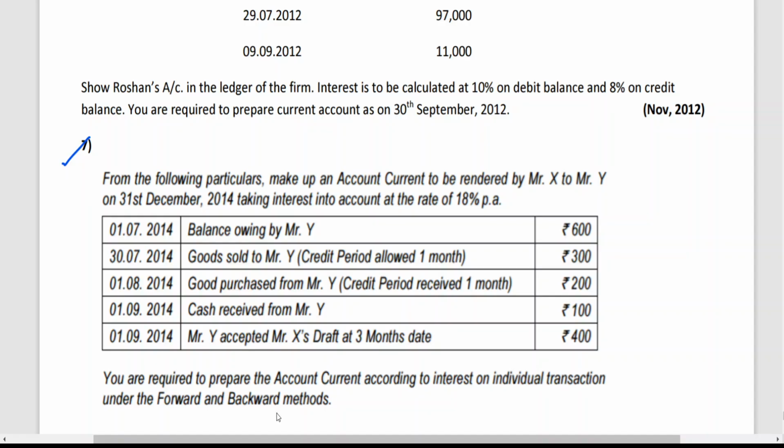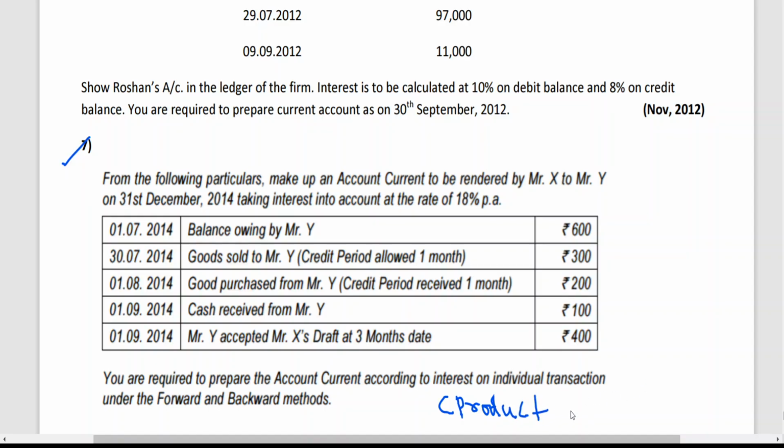I told you in the beginning that interest on individual transactions is nothing but the product method. It is also called the product of individual transaction method.